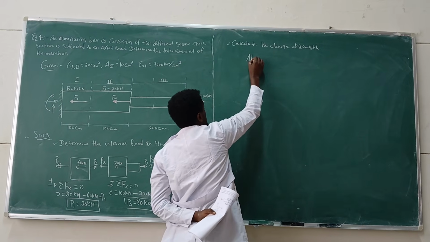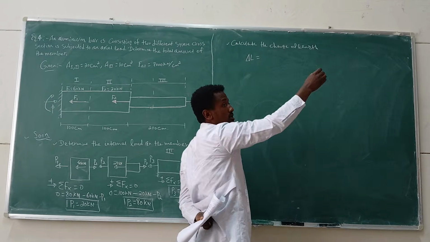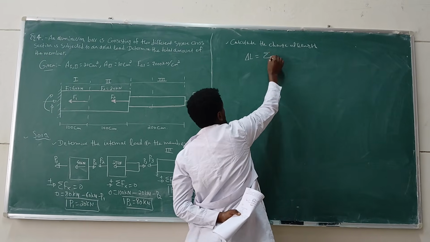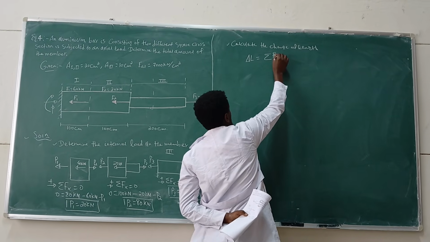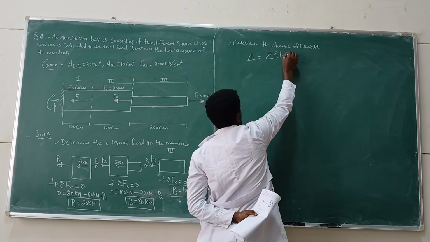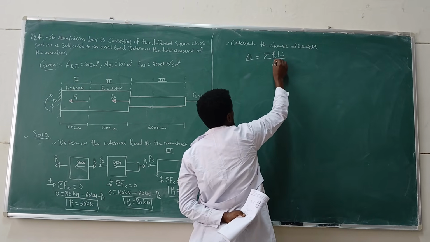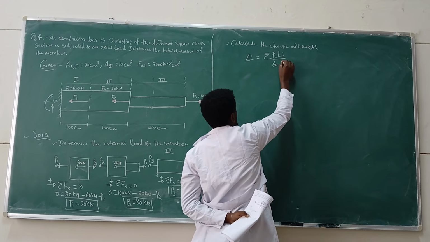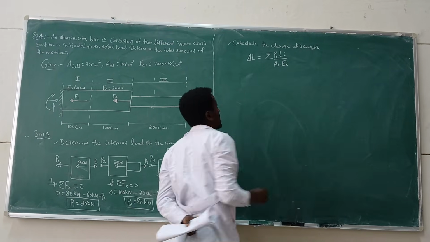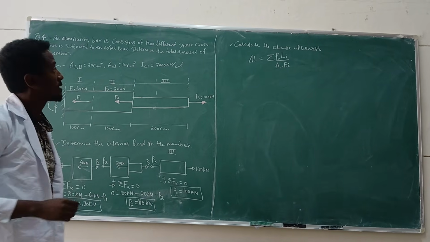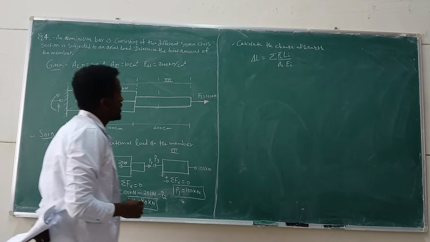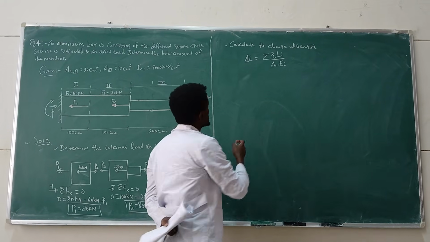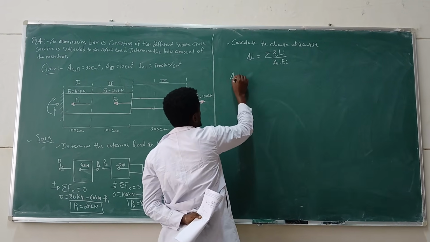Total change of length is equal to the summation of P_i times N_i divided by A_i times E_i. We have three parts for change of length.